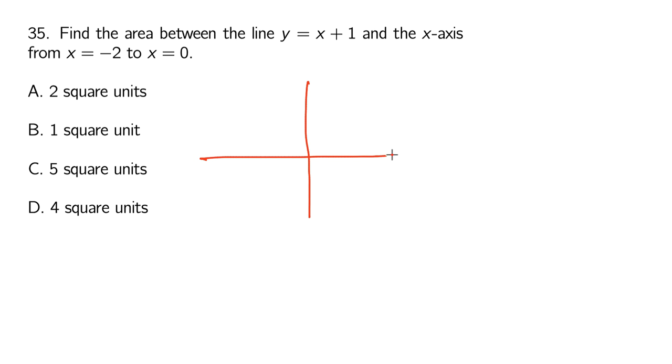If you remember our rules of curve sketching, one thing we do know is that the line y equals x is the line that passes through the origin, and it's basically 45 degrees to the x-axis, and all this is doing is it's adding 1, so it's shifting it upwards by 1. So we know that this is 1 and this is also 1.